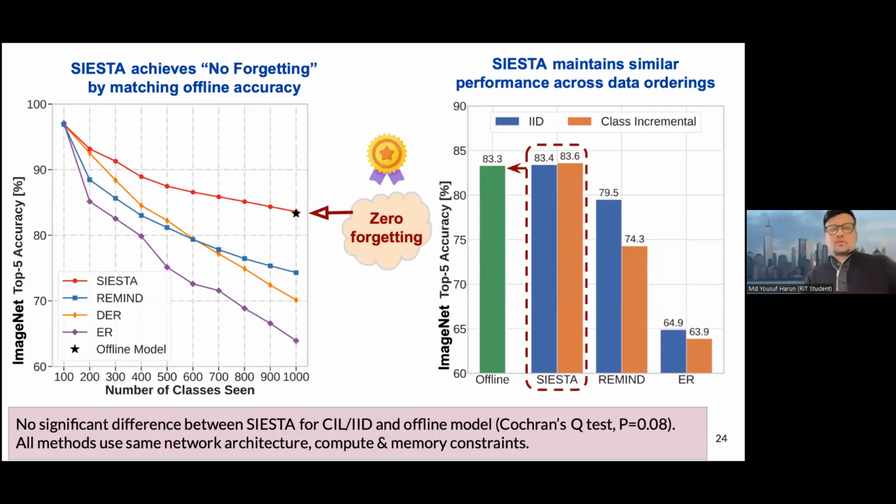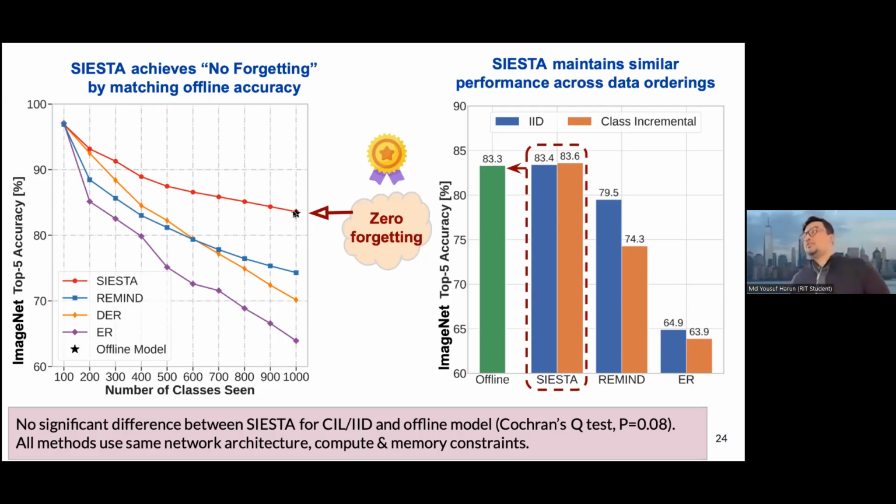Another milestone is that SIESTA achieves no forgetting, because as I mentioned earlier, the core motivation of continual learning is efficiency and catastrophic forgetting. So we need to be efficient and also minimize forgetting. Here I'm showing the learning curve on the ImageNet dataset. As you can see, at the end, SIESTA achieves no forgetting.